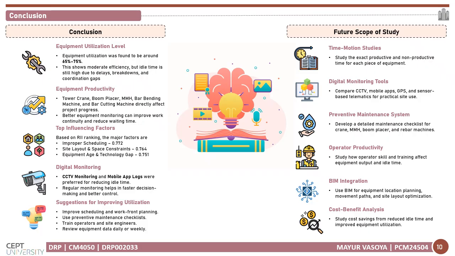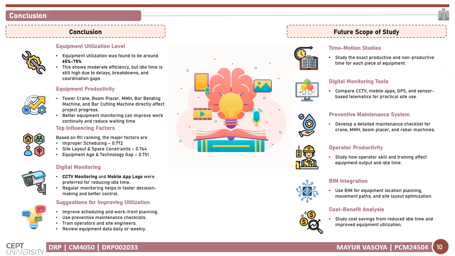Future research can also explore BIM-based equipment planning, where equipment location, movement path, and site layout can be planned before actual execution. The study can also be extended to more sites and different types of projects for wider applicability.